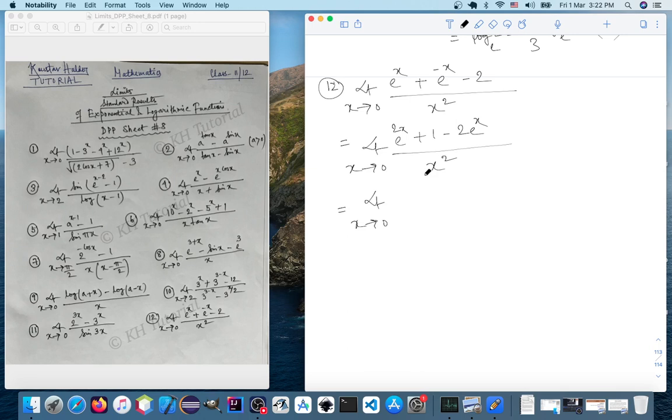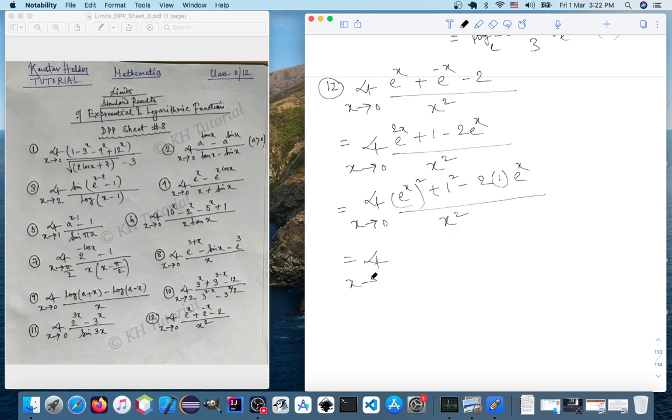This numerator is actually e to the power x whole square plus 1 square minus e to the power x, over x square.